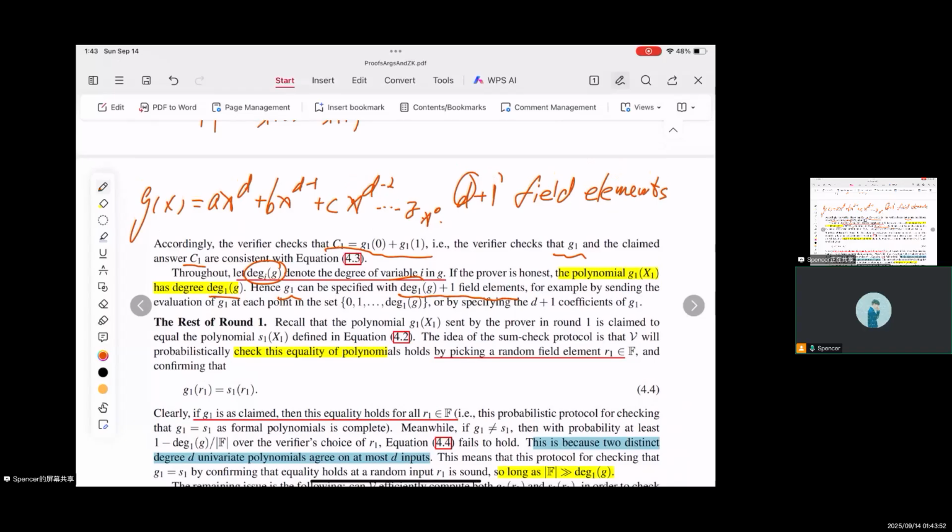It is d plus 1, because there are at most d plus 1 coefficients.